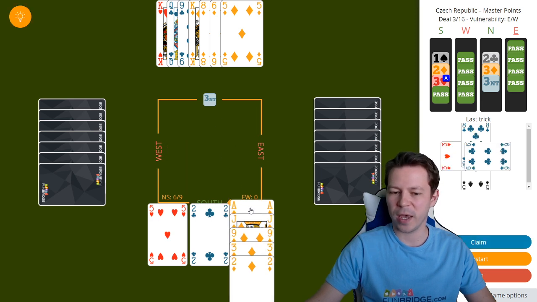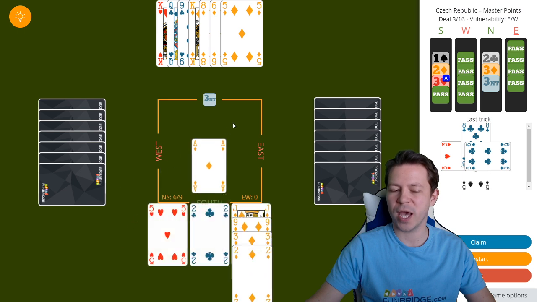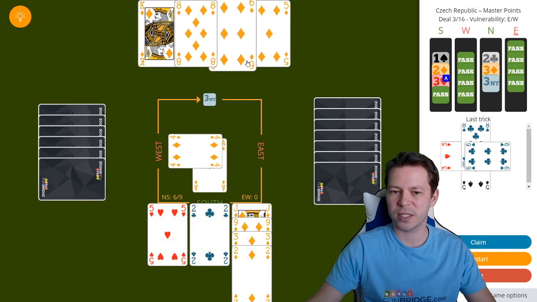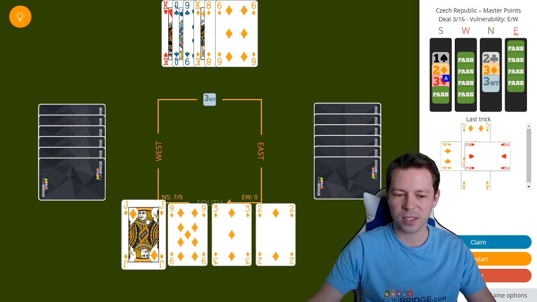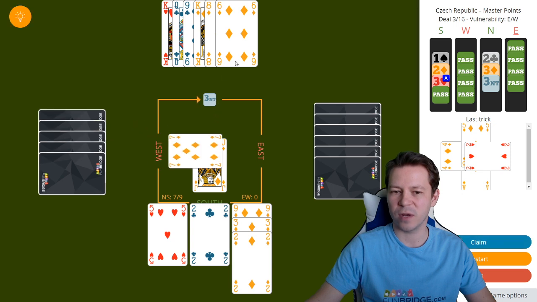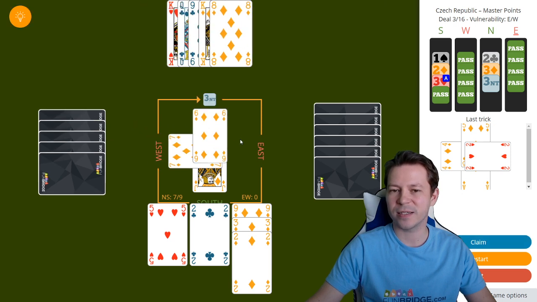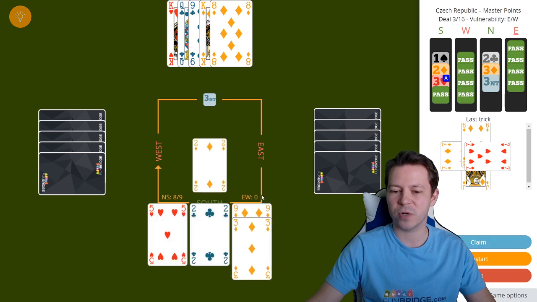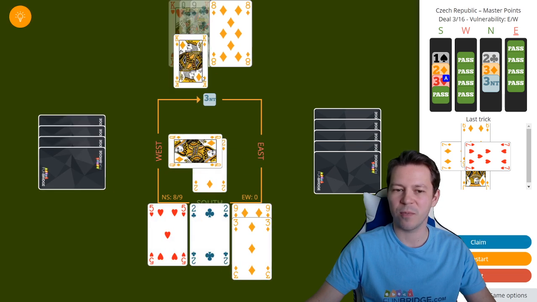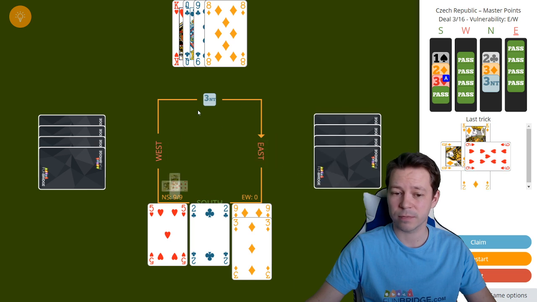So the proper way right now should be to cash the ace of diamonds and see how the diamonds are distributed. And since he's discarding the singleton, we can simply finesse the queen of diamonds and see that this way cashing the spades first actually got us extra tricks, and we can make even 12 tricks.